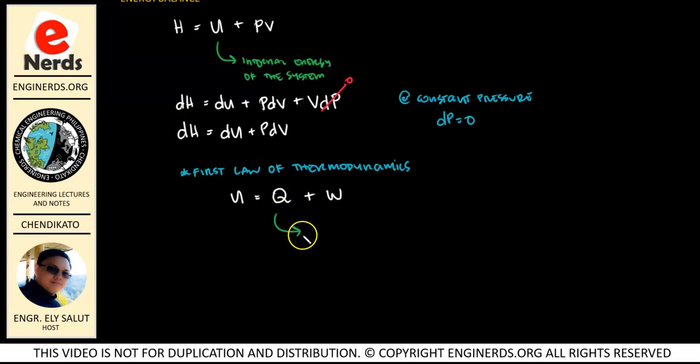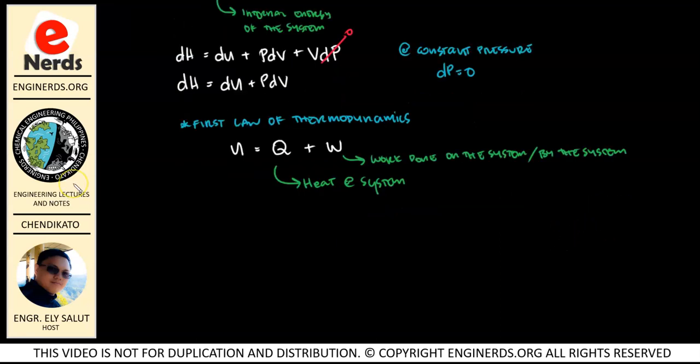So we know that Q is the heat at the system, and our W is the work done on the system, or work done by the system, right?